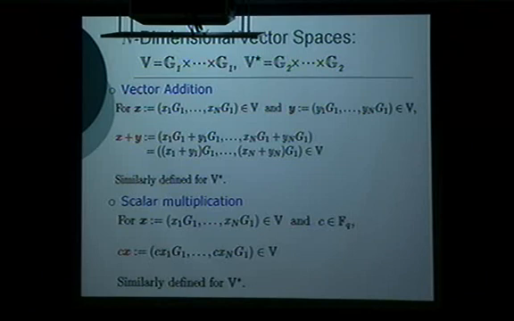So this is also an element of V. And similarly we can define a scalar multiplication for V star. So by this definition, V and V star are vector spaces.